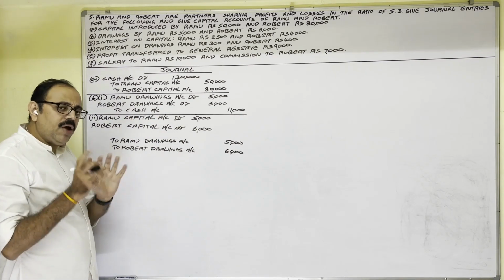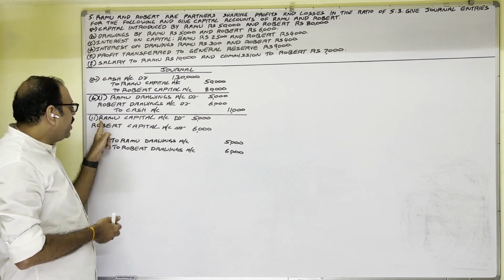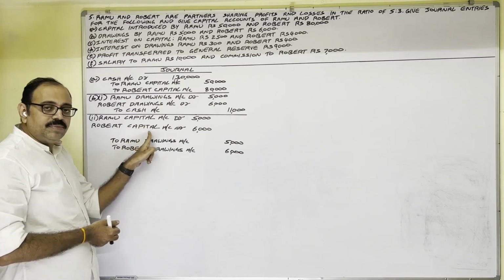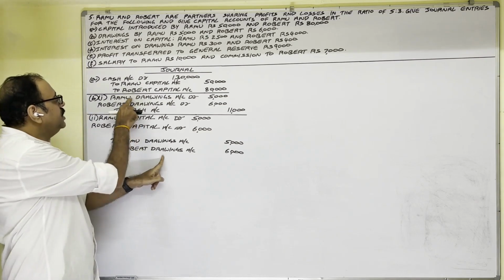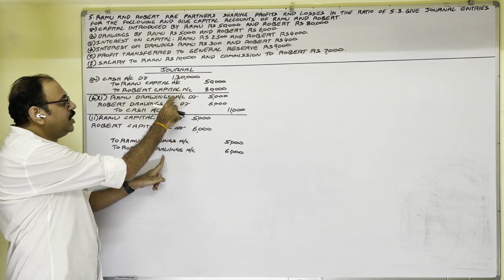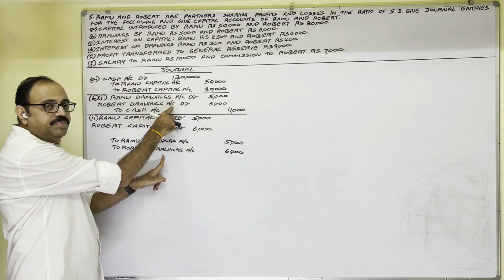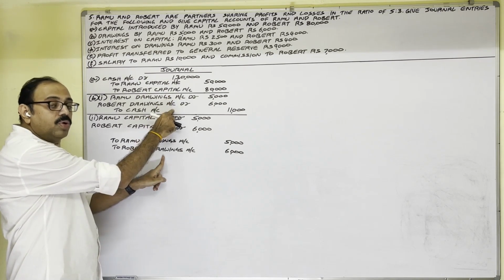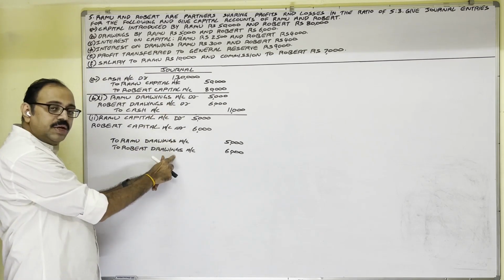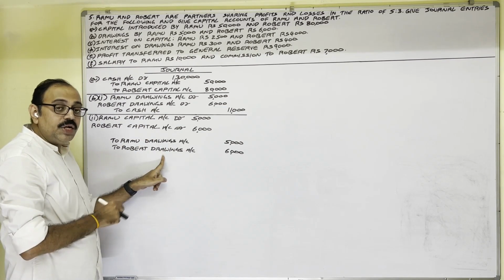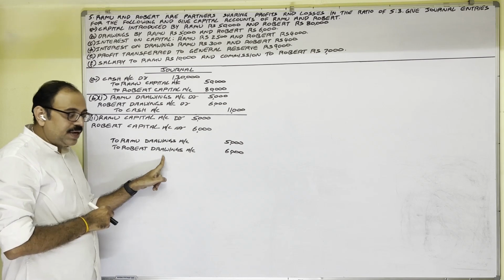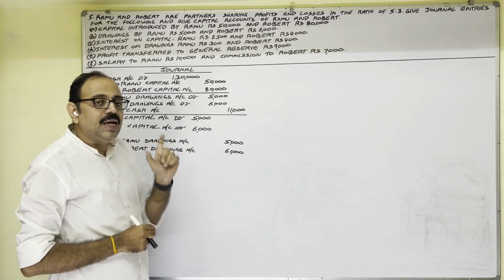So still you may have one doubt, that is, why are capital accounts debited? So why are drawings credited? Here it is clear, because in the second entry we created drawings accounts by debiting them. If you want to close them, then you have to credit them. But why are capital accounts being debited? Further, you should know one point, that is, capital is a liability.